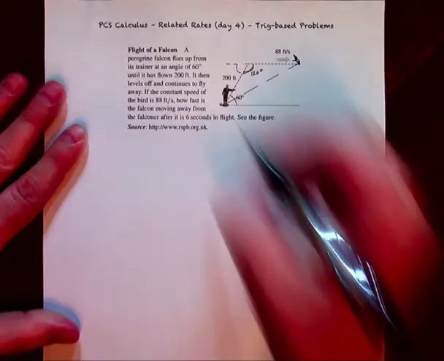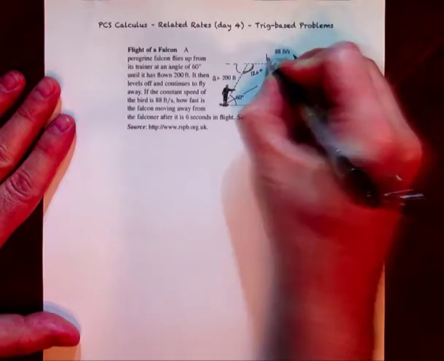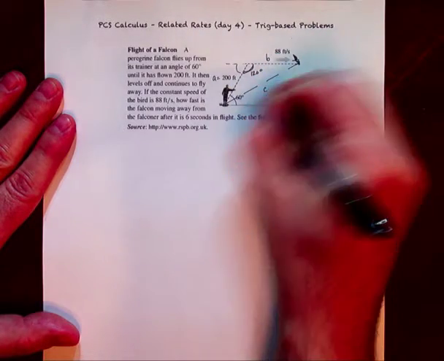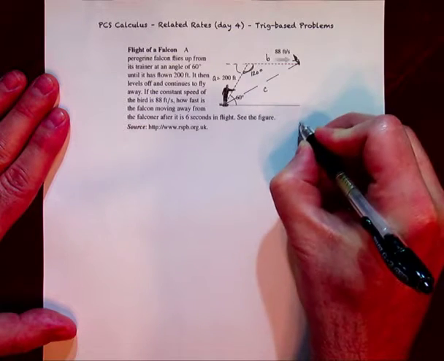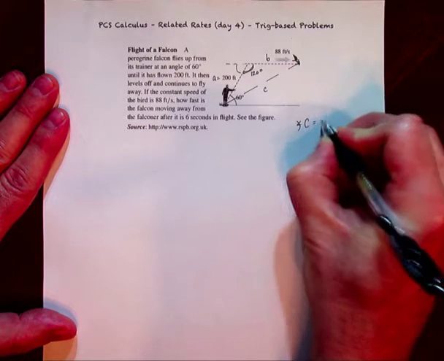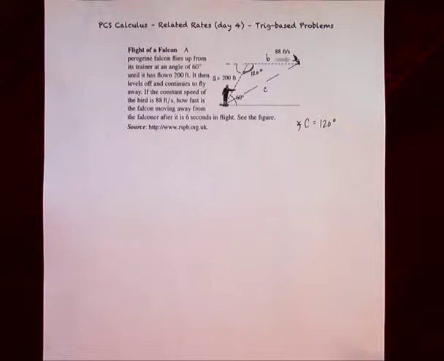Now, this will serve for our A, this will be our B, this distance will be our C, and of course that means that angle C is that 120 degrees.